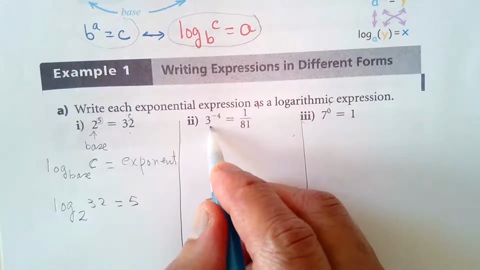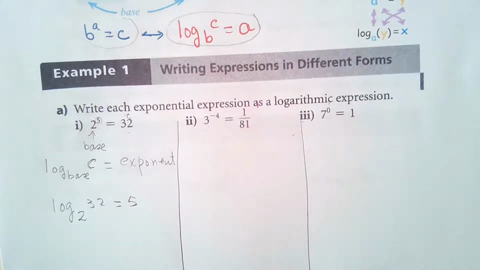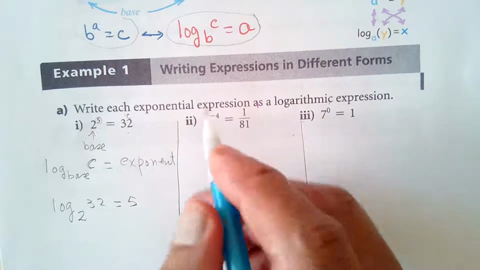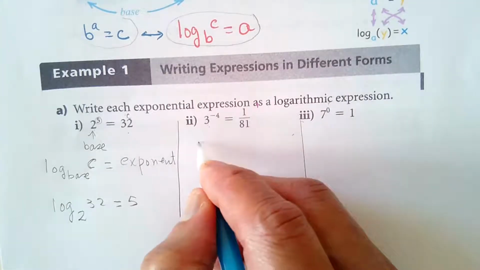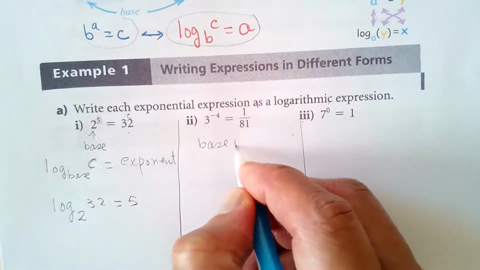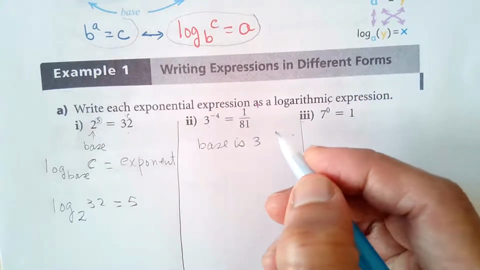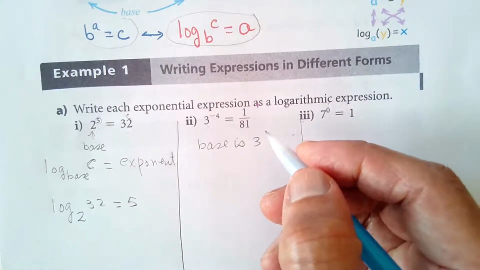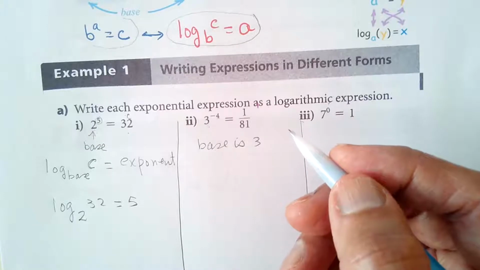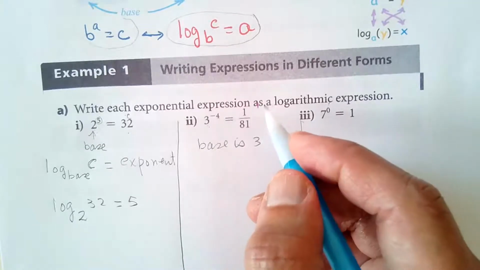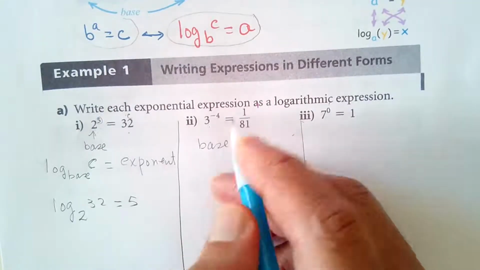Here the base is 3. So base is 3. The exponent is negative 4.